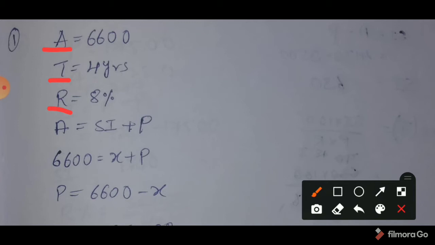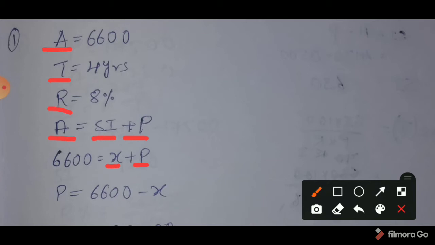From all these, amount equal to simple interest plus principal. Here they did not include any interest or principal amount, so I'm taking x as simple interest, and principal is P only.